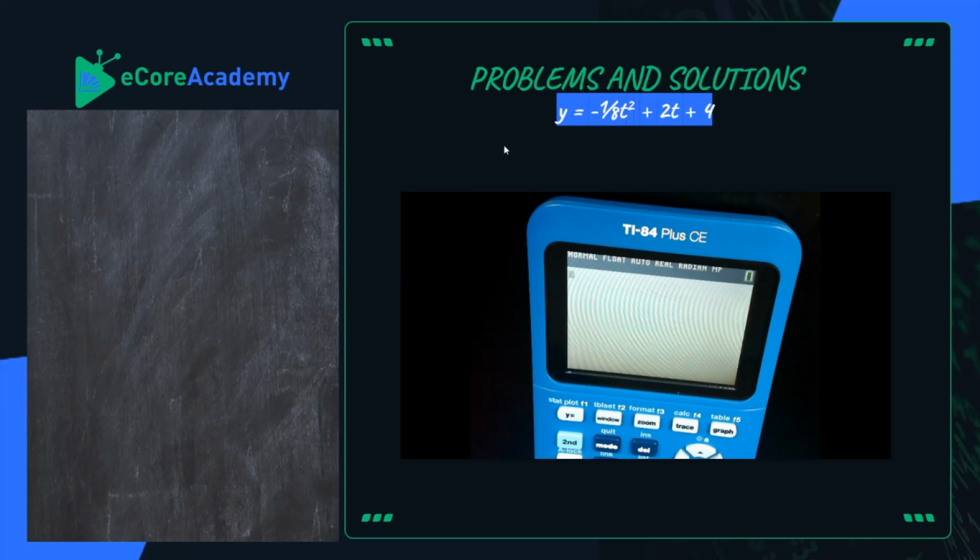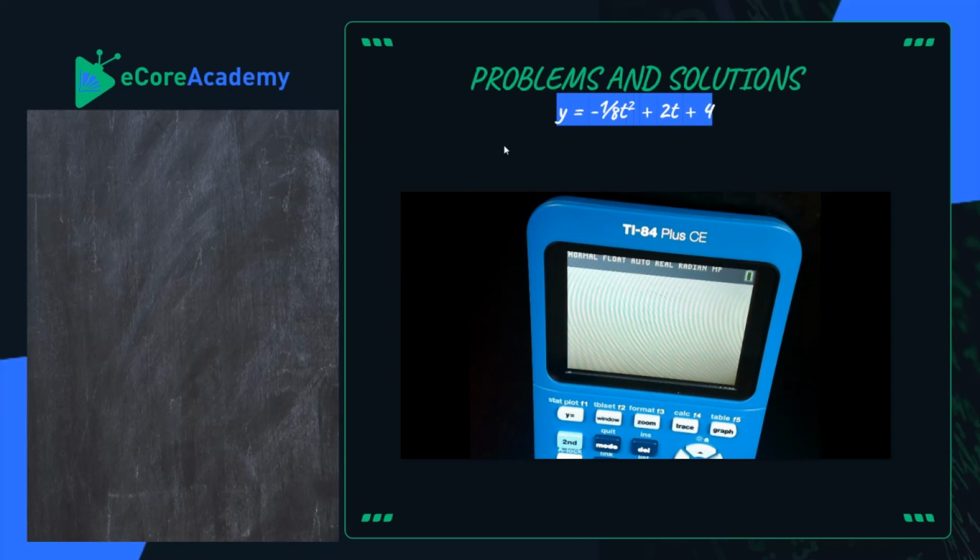So that's my bad. I really apologize for that. It's plus 2t. So that b term is 2, not 3. So the actual quadratic function should be y equals negative 1/8 t squared plus 2t plus 4. So make sure that you get that down right. My apologies. I messed that up on the last slide.